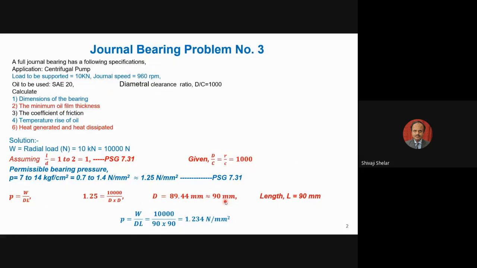Above 100, it is in steps of 10 up to 150 or 200 mm, and above 200 mm, it is in steps of 25 mm. So based on your D value, you should approximate to the nearest standard value. From this, we have got the diameter as 90 mm.